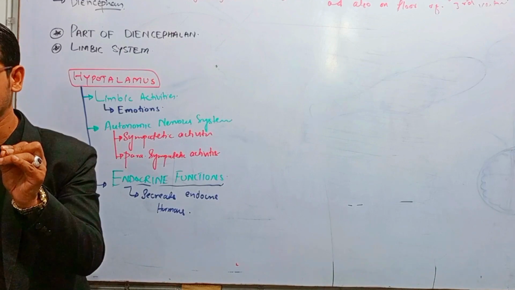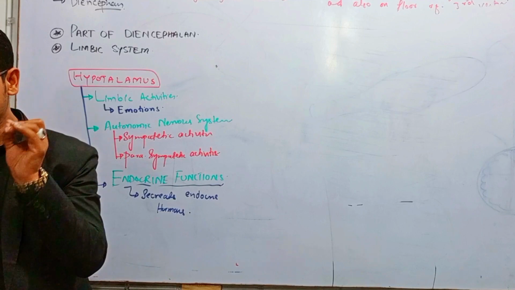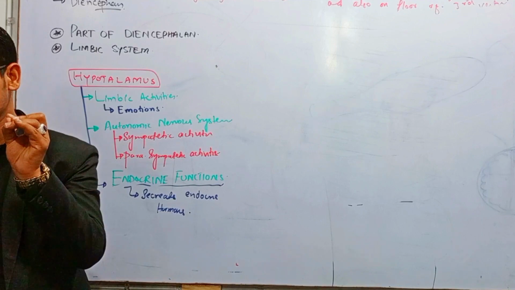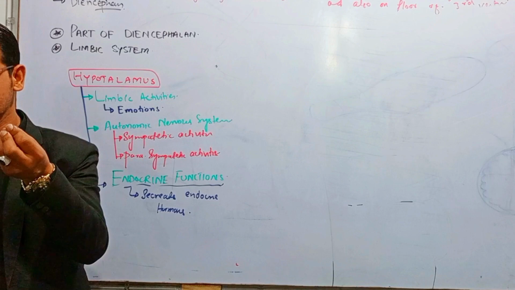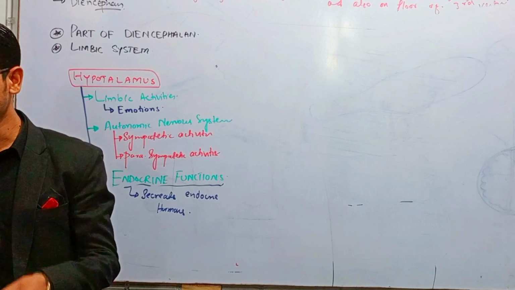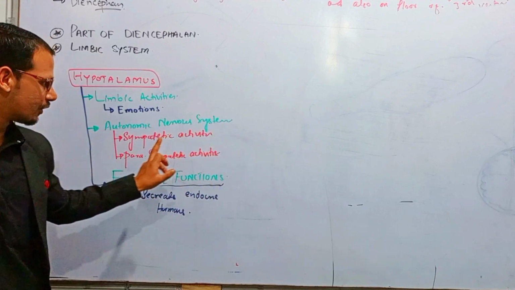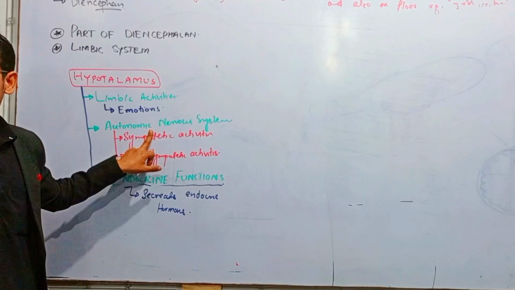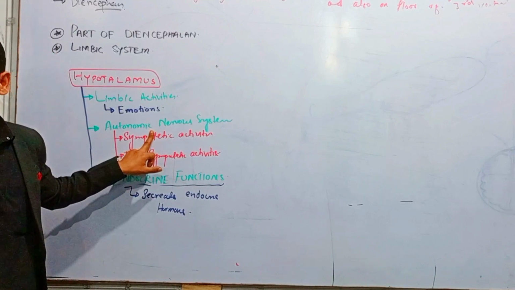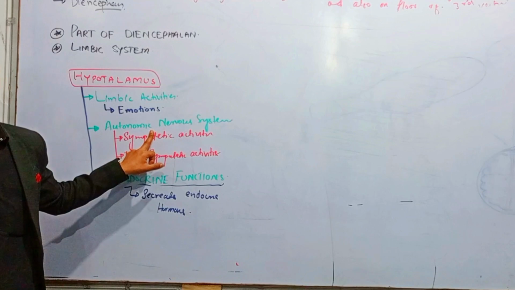He feels cool. The heart rate becomes high, right? And eventually he will fall down, right? These activities are controlled from hypothalamus, which is autonomic nervous activities, the sympathetic activities, right?